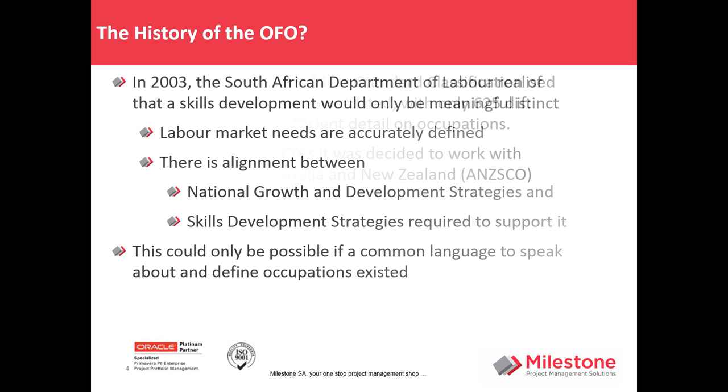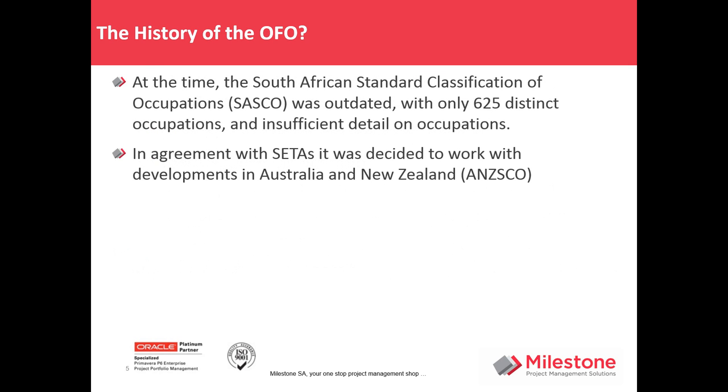And they started to look around. It had the South African Standard Classification of Occupations, but it was very basic. As you can see, there were only around 600 occupations, and with those 600, very, very little detail about each occupation.